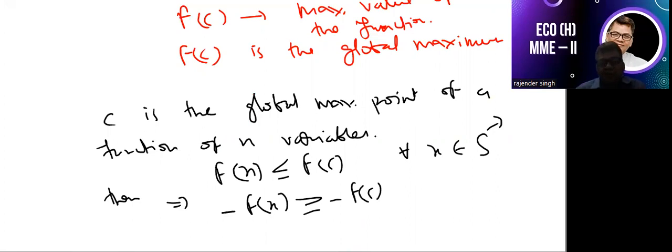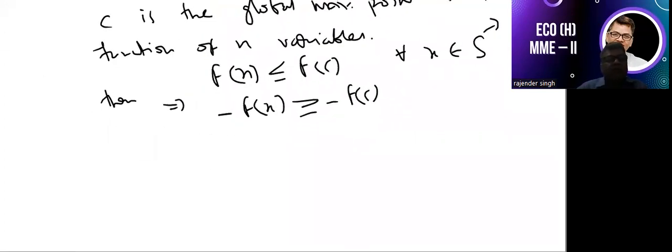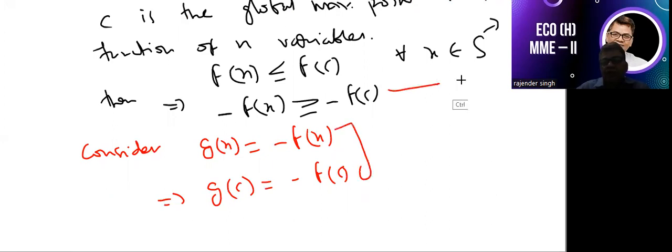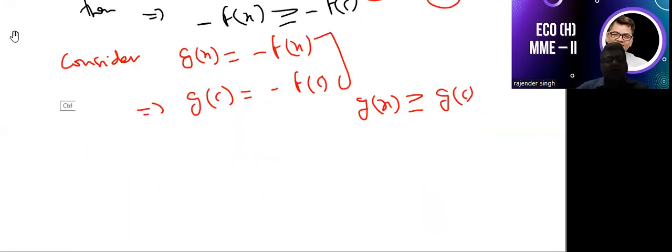Okay. Now, let us consider g of x equal to minus f of x, right? This implies g of c equal to minus f of c, right? So equation first we can write as g of x is greater than or equal to g of c, right, students? What does that mean?